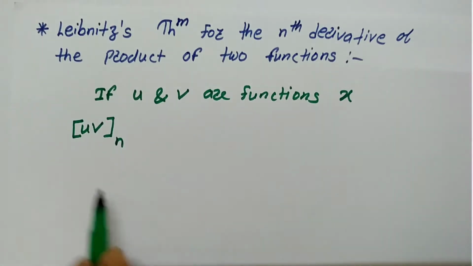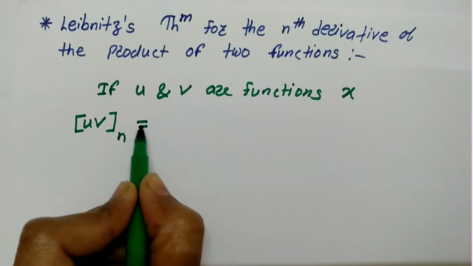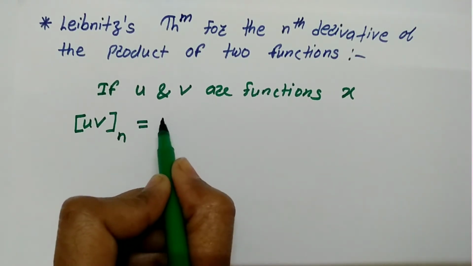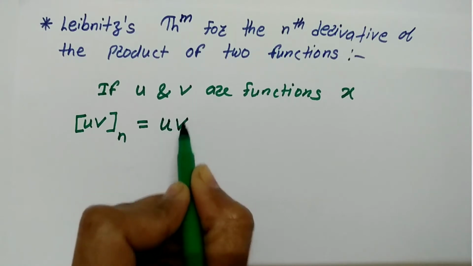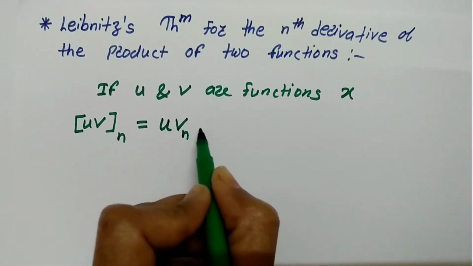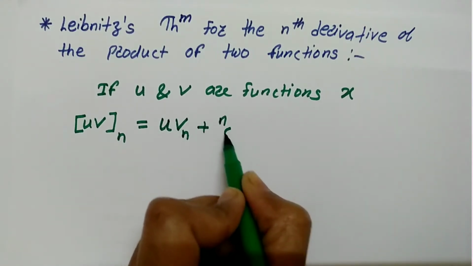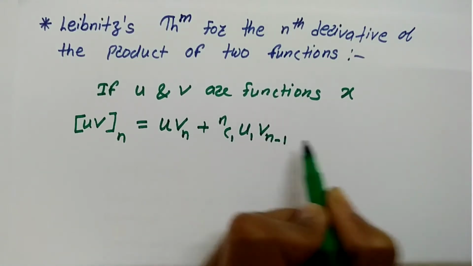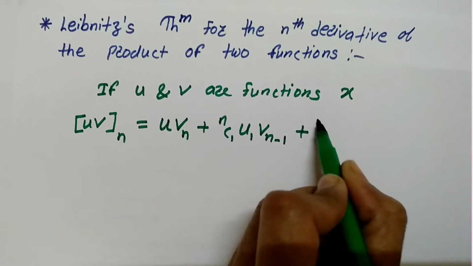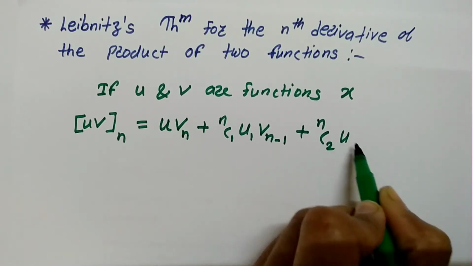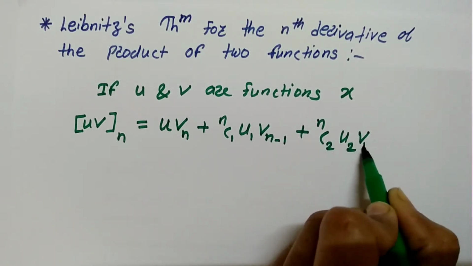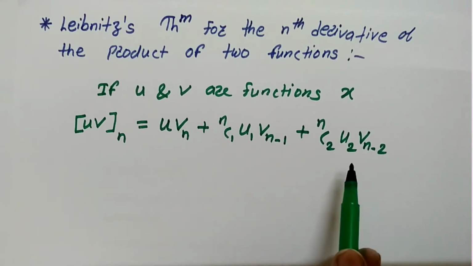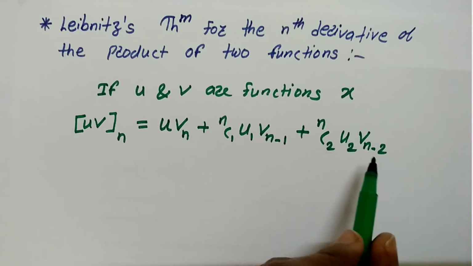So, by Leibniz theorem, the nth derivative of uv is u as it is times the nth derivative of v, plus nC1 u1 v(n minus 1), plus nC2 u2 v(n minus 2). That means term wise we are increasing the derivative of u and decreasing the derivative of v.